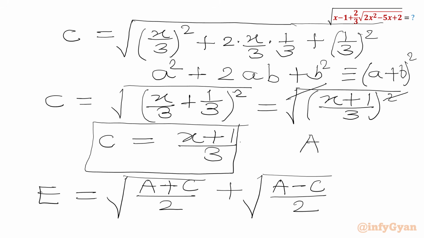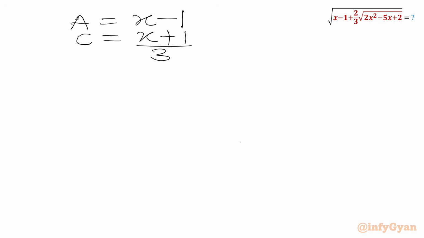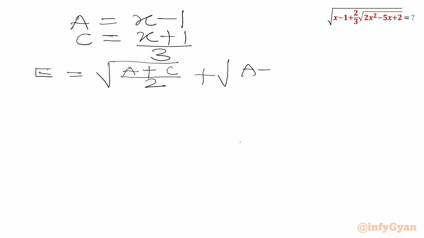Here a is x minus 1. Now we have to plug in values and we have to find our final answer. So I will write here, let me write a equal to x minus 1, c equal to x plus 1 over 3. Required expression e will be equal to square root a plus c over 2 plus square root a minus c over 2.